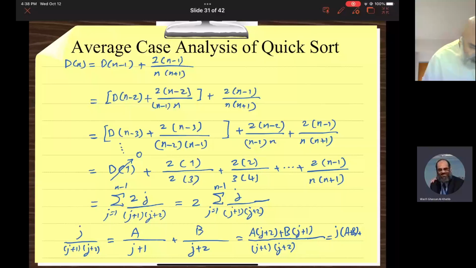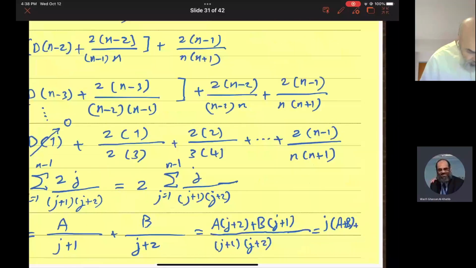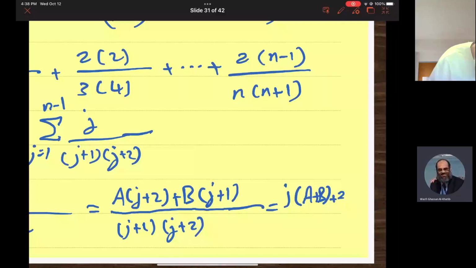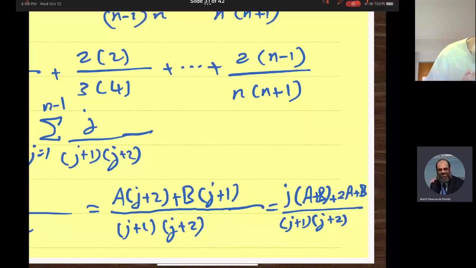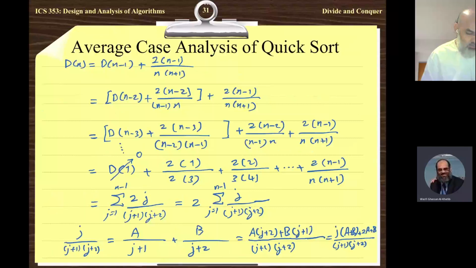So j multiplied by a plus j multiplied by b is j multiplied by a plus b. And then we have 2a plus b, of course divided by the same denominator. We're done.